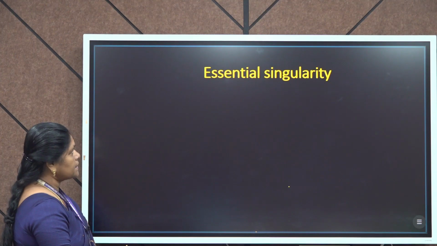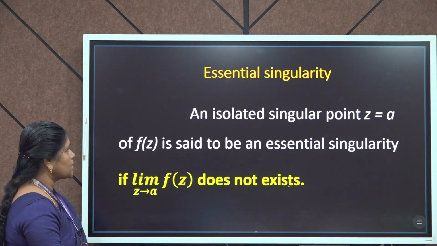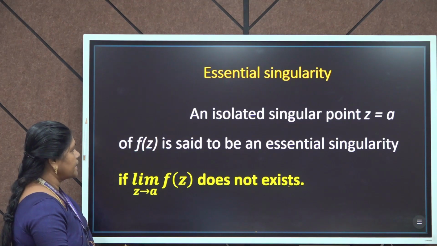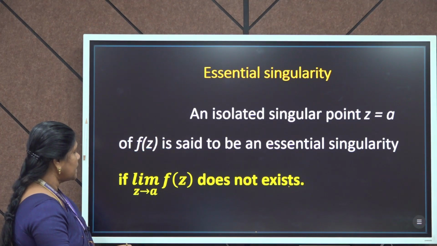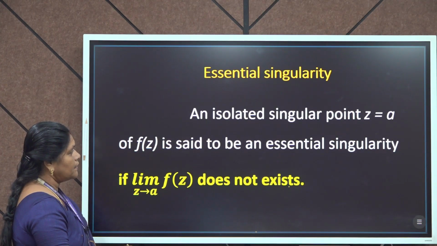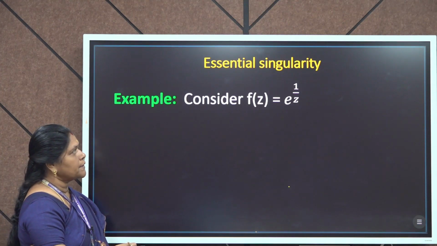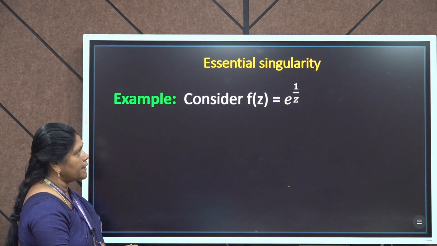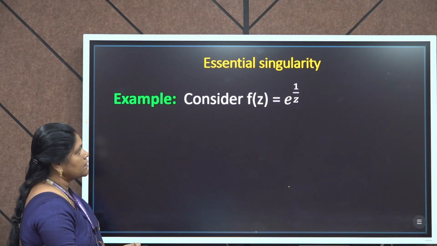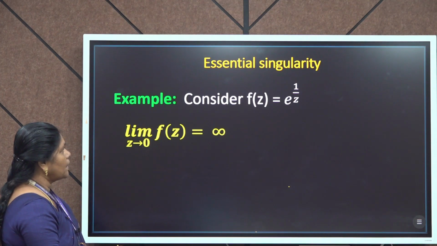The next one, let us see essential singularity. Essential singularity is also an isolated singular point such that the limit as z tends to a of f of z does not exist. For example, consider the function f of z is equal to e power 1 by z. Here z is equal to 0 is the singular point.